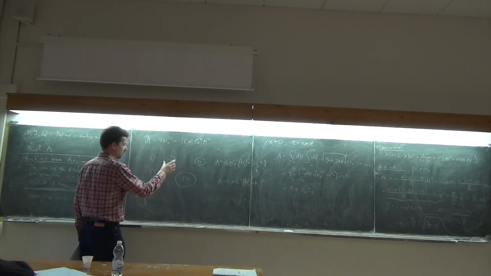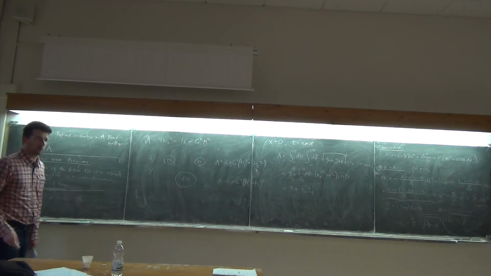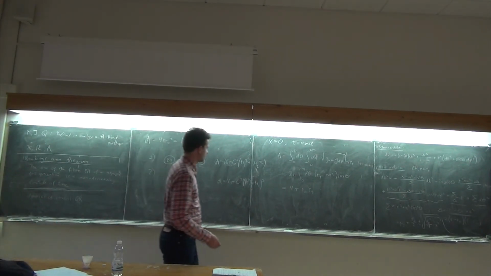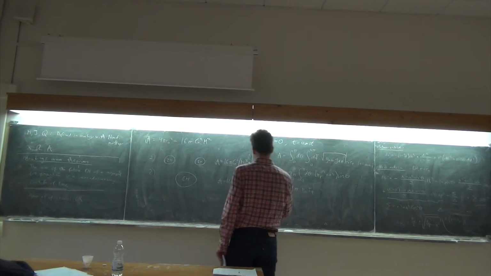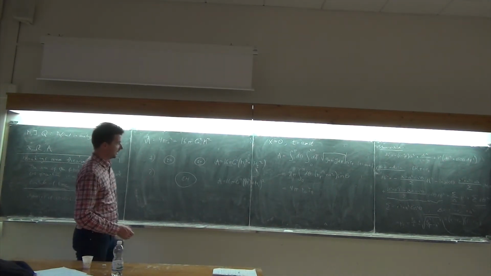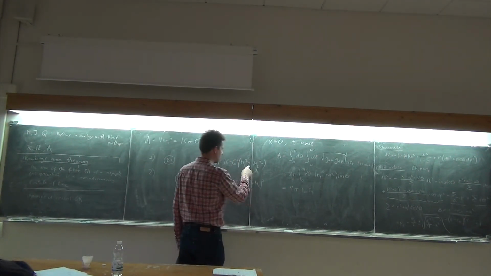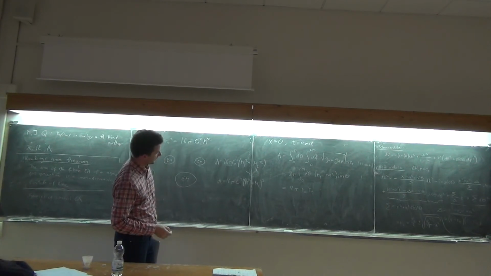Because there are two disconnected event horizons in the area, we just add up the areas of the event horizons. And then we can see that this is always bigger than that, right?